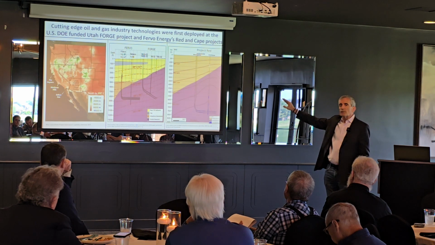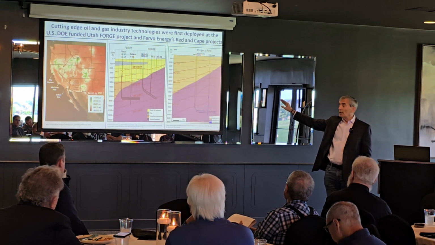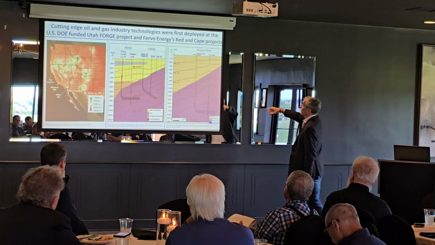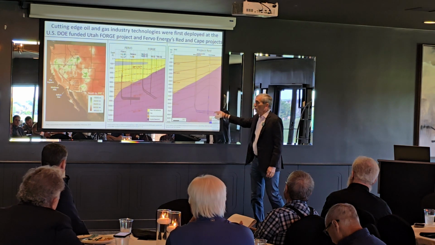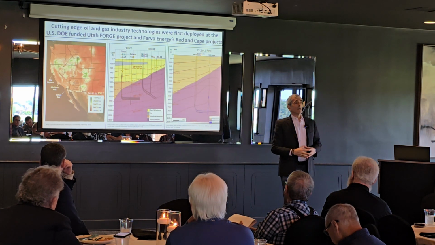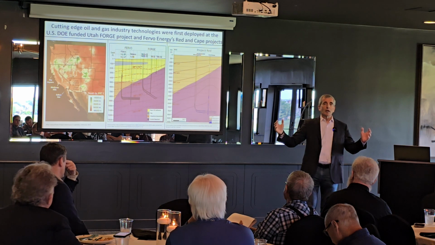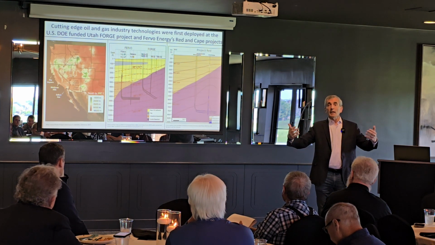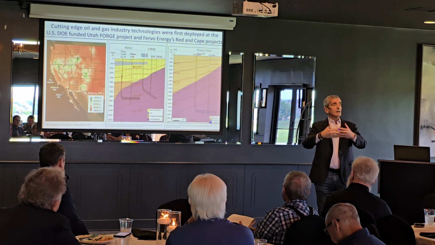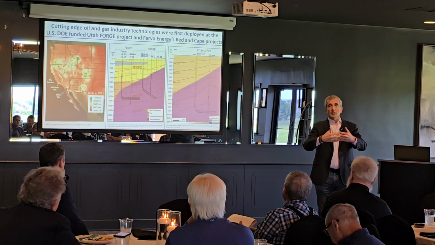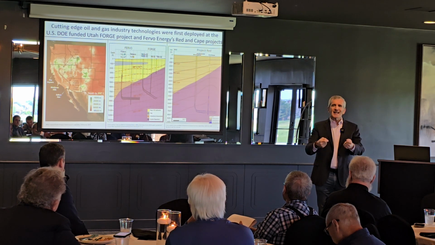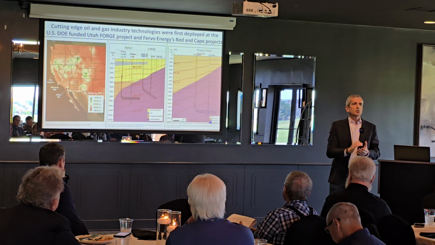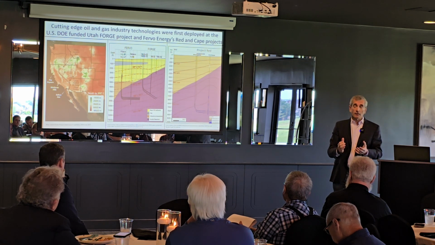So from Forge, Fervo Energy, which is a private company, went out to Nevada and they drilled the first long horizontal wells in geothermal. 3,000-foot long wells, an injector-producer pair, hydraulically fractured them, and demonstrated you could get significant flow rates through the fracture system. Flow rates high enough to make geothermal commercially attractive.